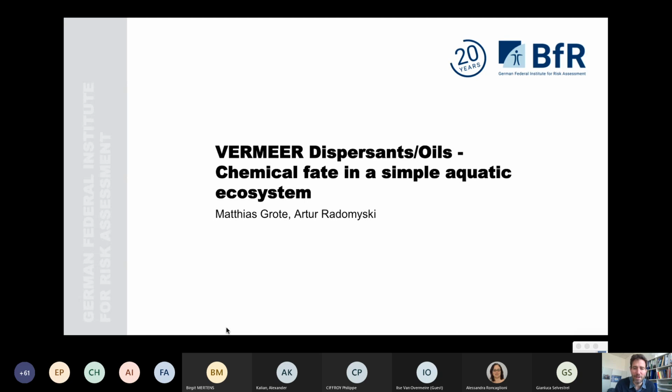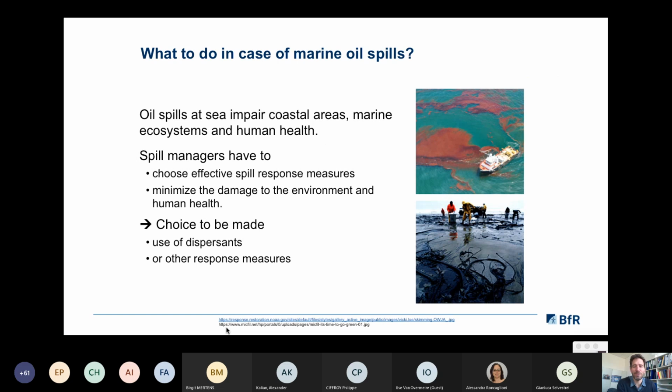So we will talk about chemical fate in a simple aquatic ecosystem. And just to give you a little bit of the idea why we did this, the VFR, or a small part of the VFR, is involved in advising the Central Command for Maritime Emergencies in Germany, and their spill managers have to consider what they do in case of a marine oil spill.